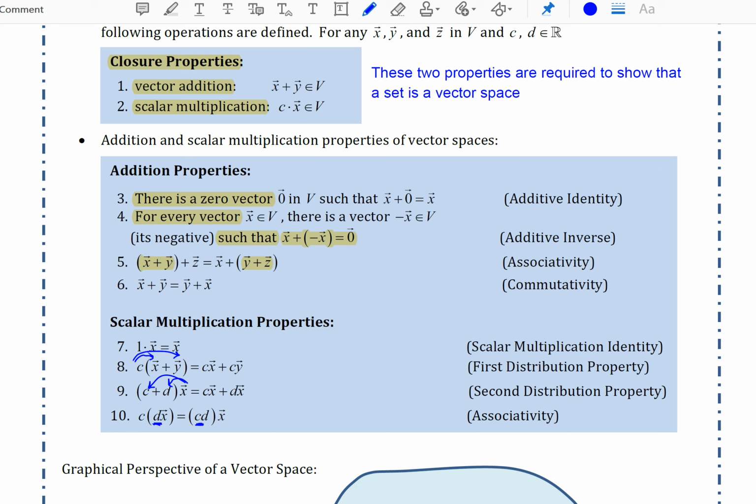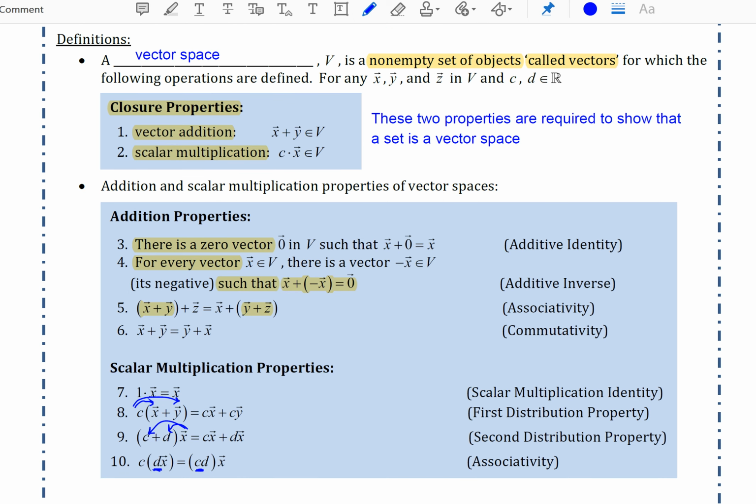Now, in general, when given a set and you're asked to see if this set satisfies a vector space, you do not have to check all 10 properties. In general, if you're asked to verify a set satisfies the requirements of being a vector space, you must only check these first 2 properties.